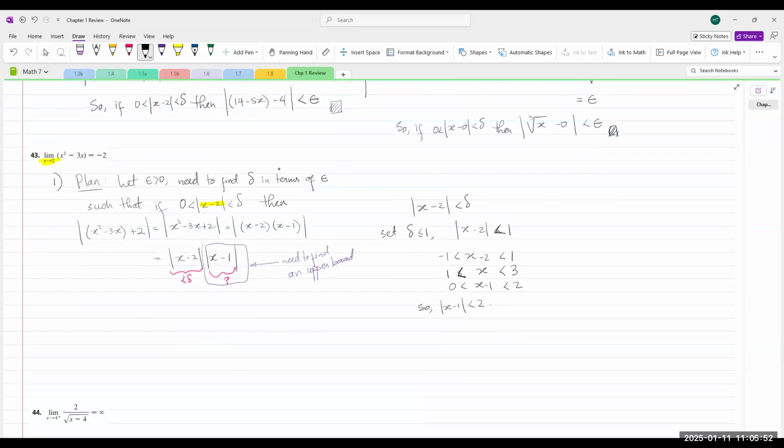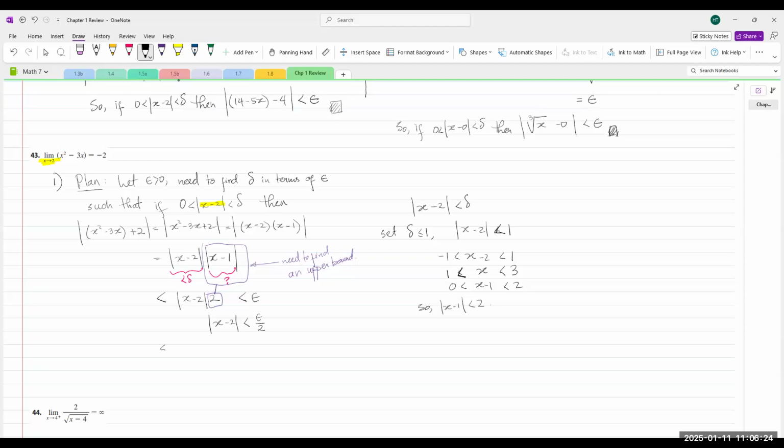Now coming back here, this is less than the absolute value of x minus 2 times 2. This is the upper bound of the absolute value of x minus 1, right? Now, we want this to be less than epsilon. So the absolute value of x minus 2 should be less than epsilon over 2.